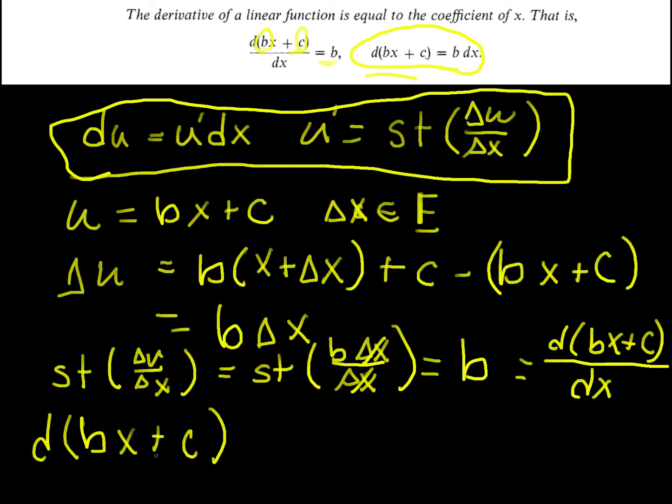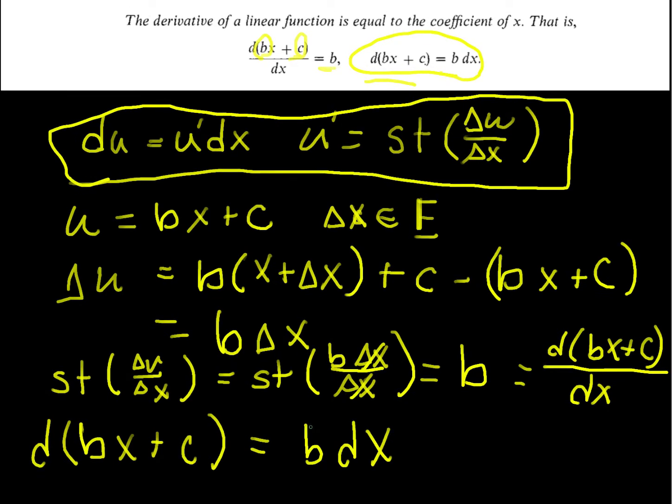So we say the differential of bx plus c is exactly b dx. All right, so there's a fact for any line, any slope b, that the differential of that line is b dx. This will be our building block to prove almost half of the other theorems we have in here.